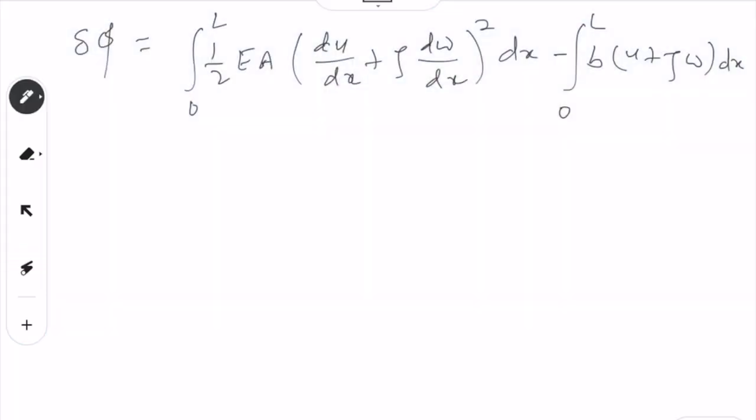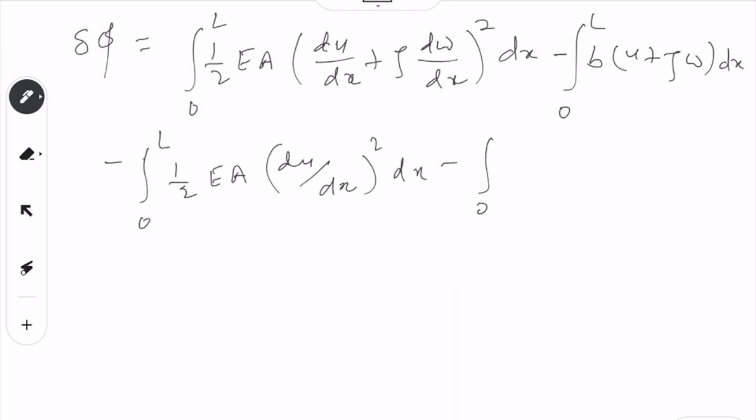Then we have minus integral from 0 to L of half E A (du/dx) squared dx minus integral from 0 to L of b u dx, with no zeta here, only plus. Okay, that is it.